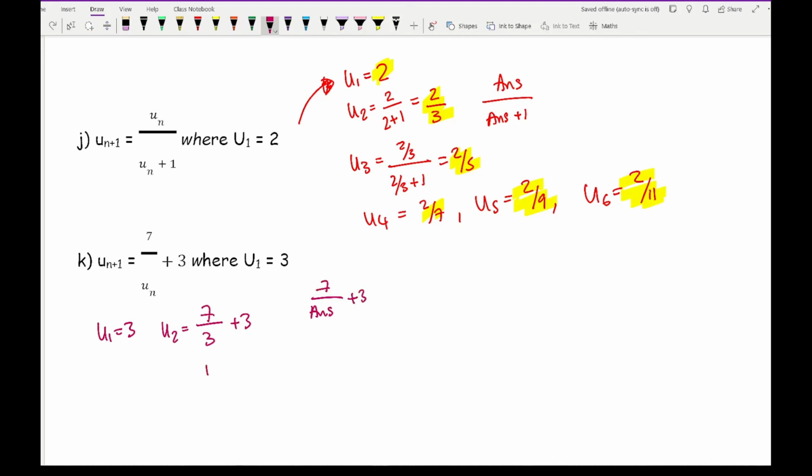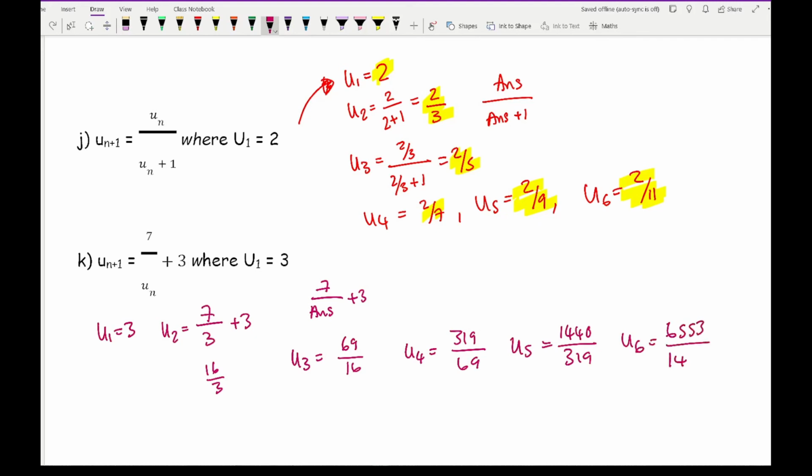So u2 is going to be 16 over 3, u3 is 69 over 16, u4 is 319 over 69, u5 is going to be 1440 over 319, and finally u6 is going to be 6553 over 1440.